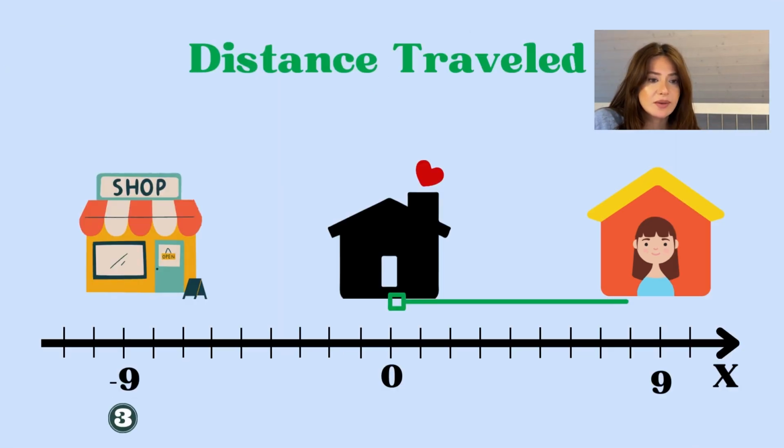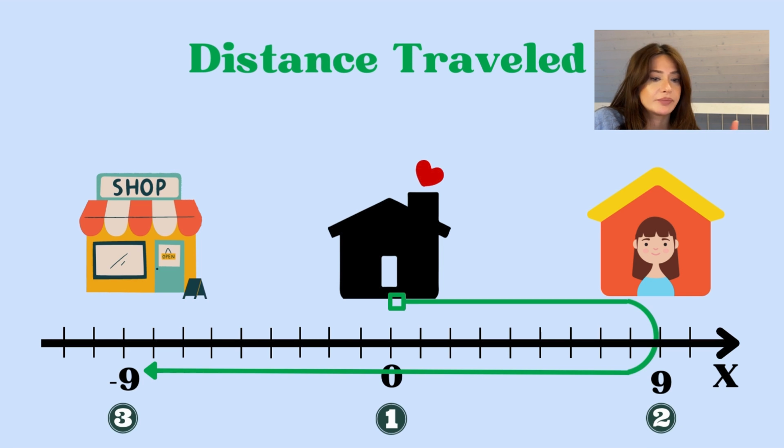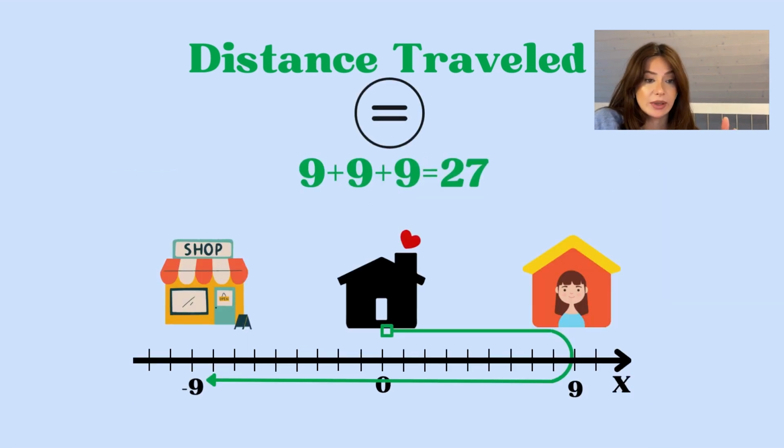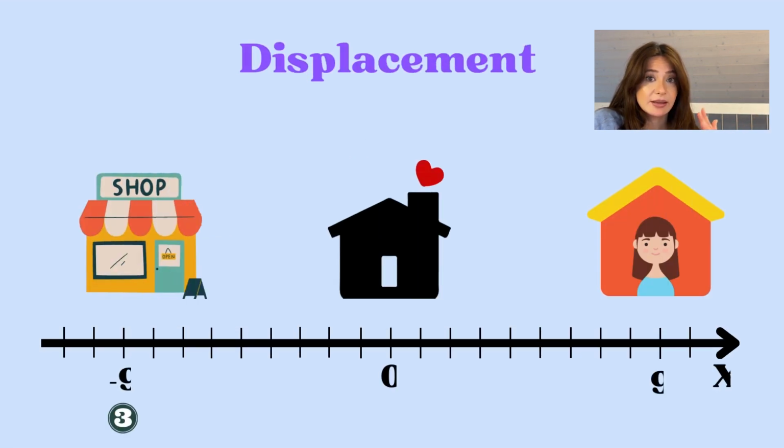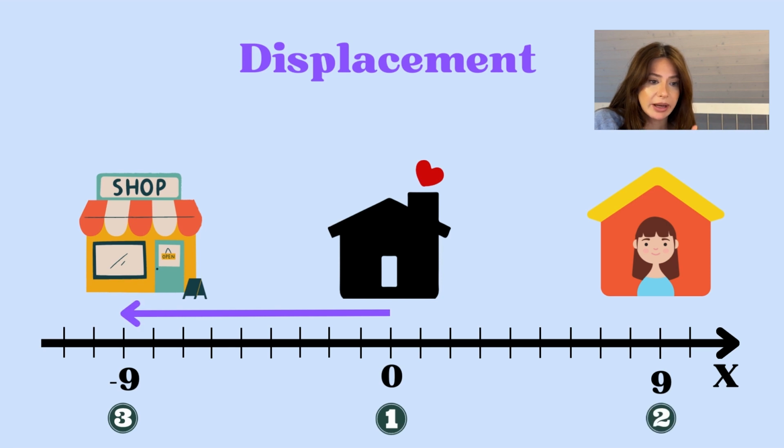So distance traveled is this green line. From home to your friend is 9. From your friend to home is another 9, that's 18, plus another 9 to the store. That's where it ends. So that's 27. Pretty easy, intuitive. Then displacement is final minus initial.